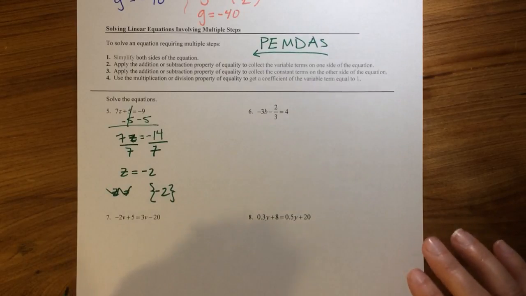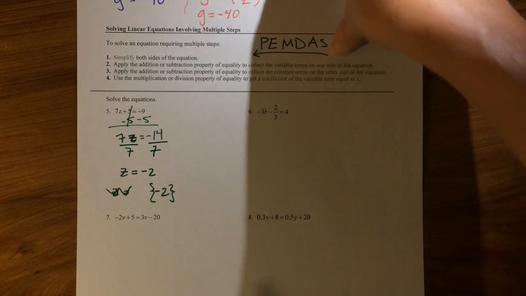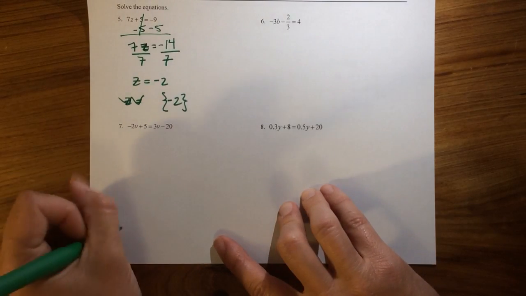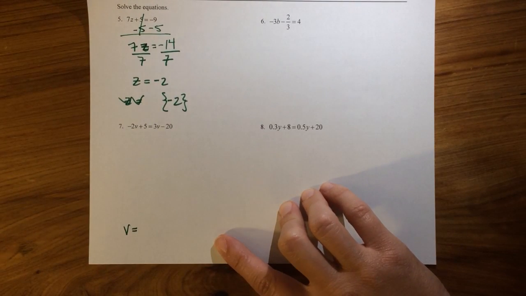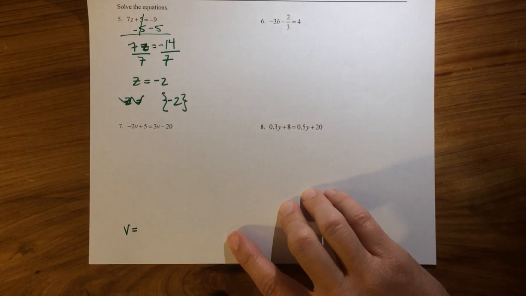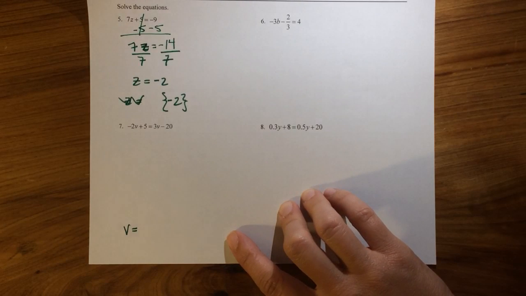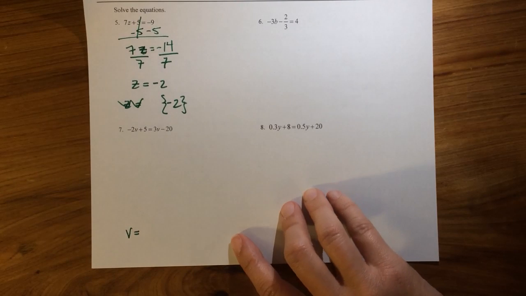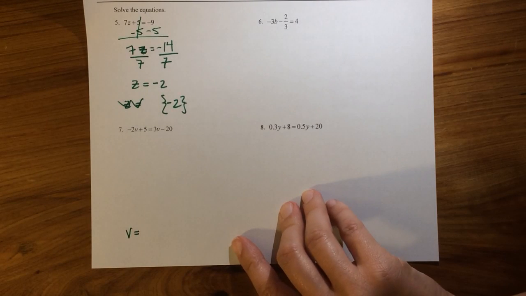Again, we know we're done with 7 if I can get just v equals. So my first thought is, okay, self, am I cool with having 2 v terms? Not so much. So what I want to do is get all my v's on one side and my numbers on the other.